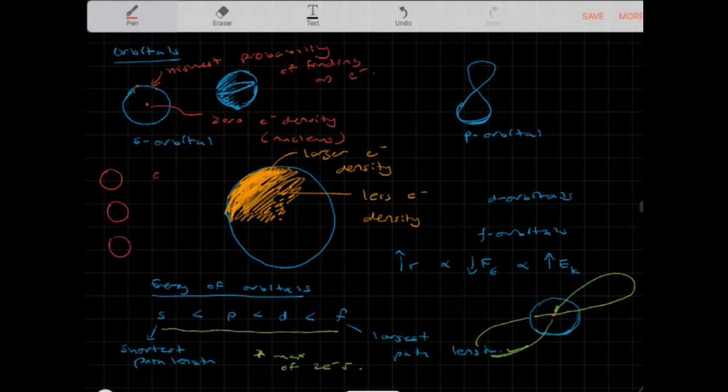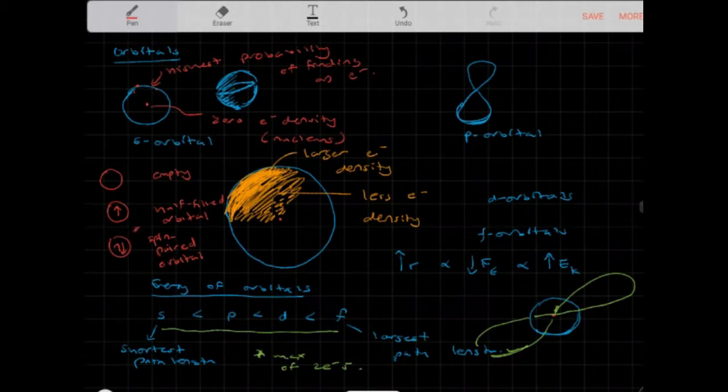You can have an empty orbital, where you have no electrons. You can have 1 electron, which is called a half-filled orbital. And you can have 2 electrons in an orbital, which is the maximum number of electrons, and we call this a spin-paired orbital. I'm going to explain the difference between all 3 of them.